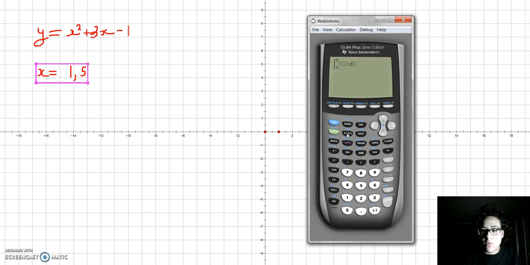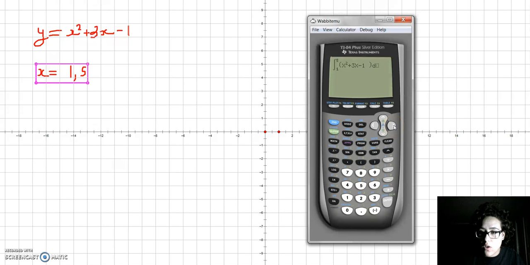We're just going to do x over to the caret so that we can raise it to the 2nd power. Then we click the right button again so that we can get out of that exponent space and continue to write the rest of the equation: plus 3x, and then minus 1.